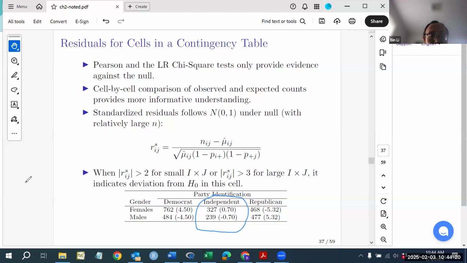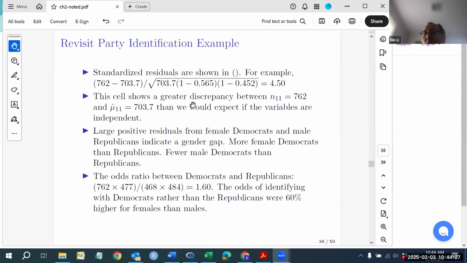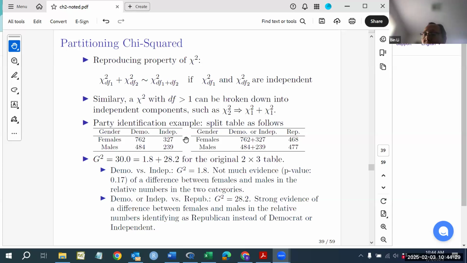So in some cases, we can have multiple rows, multiple columns, and sometimes we only focus on a subset of rows, a subset of columns, right? So what is the relationship with the whole table? It tells us that in some way, not always, we can partition the chi-squares by choosing a subset of rows and columns, okay?